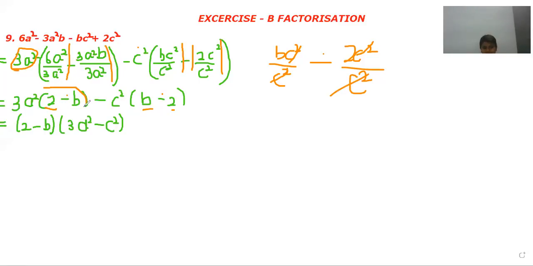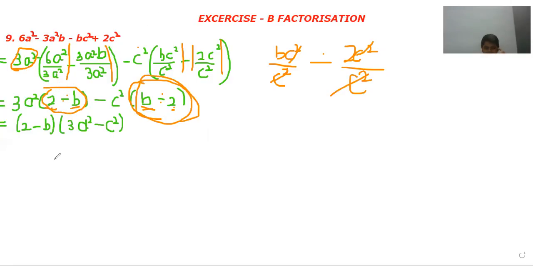Now comes the main thing, that here it is different, right? They're different. So actually they're not different. You know why? Because here also 2, here also 2, here also minus, here also minus, here also b, and here also b. So you can take any of them in these 2 terms.